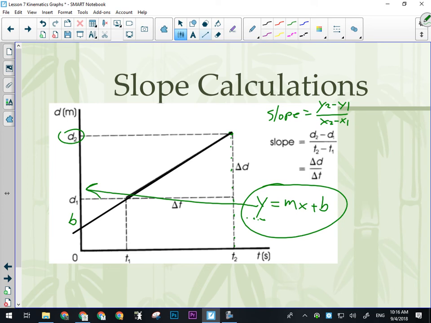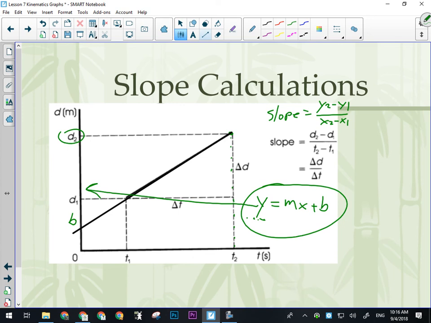We didn't run the experiment that long, but the graph can tell us that. We can use y equals mx plus b to extrapolate, that is, go beyond the graph. Or it could ask you, given your graph, how long would it have taken to go 100 meters, when in our experiment, things only went 35 meters. We can extrapolate beyond the data we have with this formula.